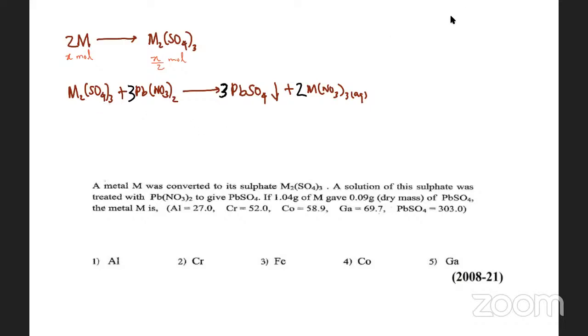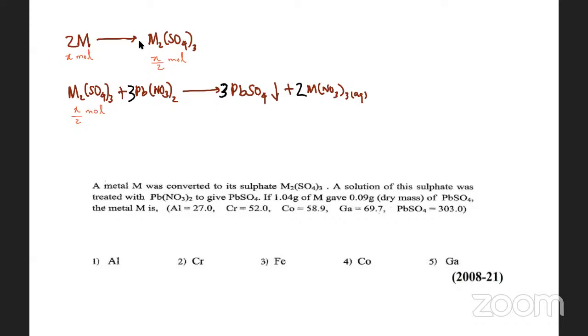And if you have X by 2 moles of sulfate of M, how many moles of lead sulfate will be produced?